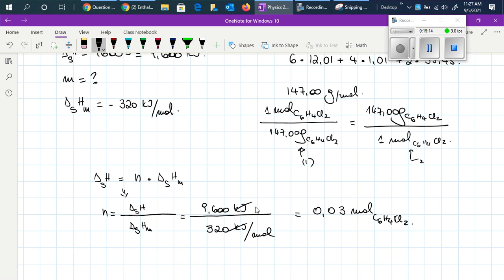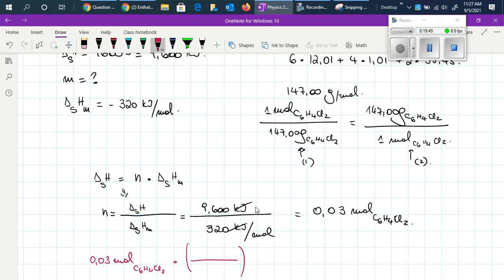Now, knowing the molar mass, we complete stoichiometry and figure out the mass that is taking part in this reaction. Starting with what is given, moles of C6H4Cl2, times which ratio are we using, ratio 1 or ratio 2? We will use the ratio that will cancel the units that we start with.